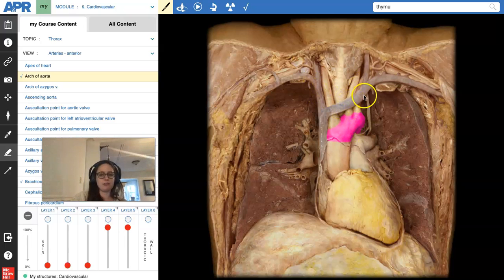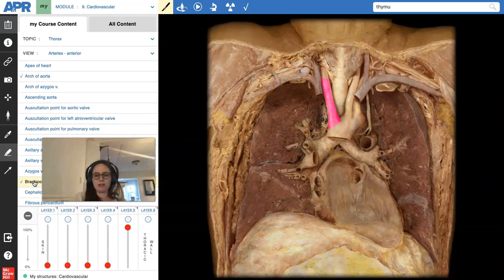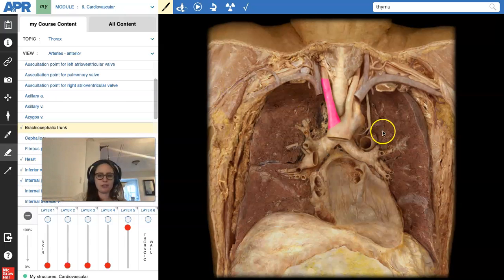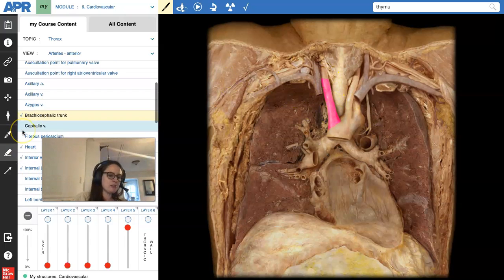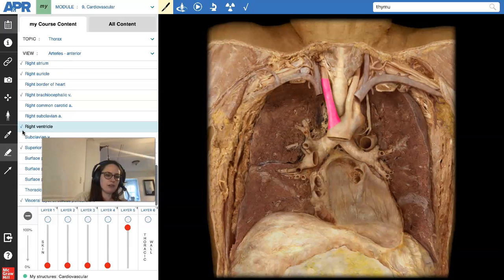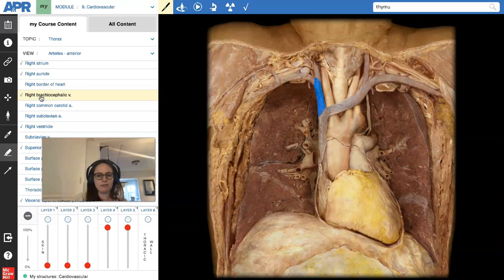You do have left and right brachiocephalic veins tied into the brachiocephalic trunk. Oh, sorry, that's the brachiocephalic trunk of the aorta. What I meant to say was the right and left brachiocephalic veins tie into the superior vena cava. My bad, I misspoke. There we go. Superior vena cava. So that's symmetrical. The veins are symmetrical. The aorta is asymmetrical.